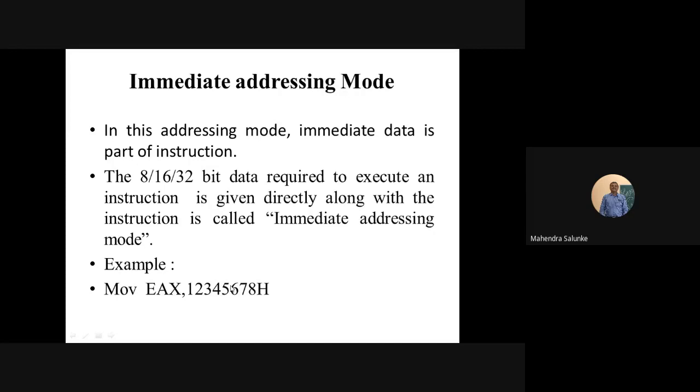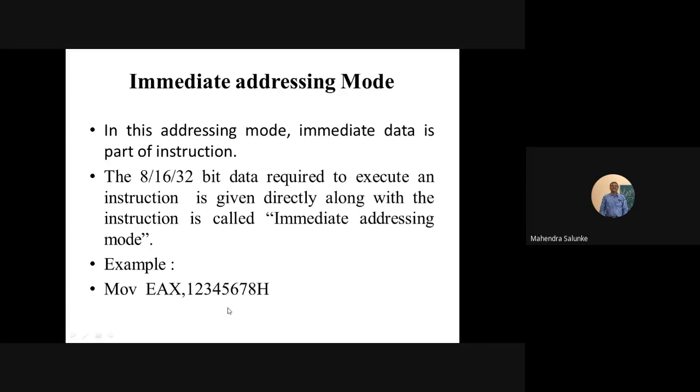Whenever we prefetch the instruction, the data will be available in that particular instruction itself. Whenever you write the code with the immediate addressing mode, whatever value you write will be stored in the form of machine code in the memory. Whenever your processor fetches that instruction, it fetches the opcode, the register name, and the data itself.